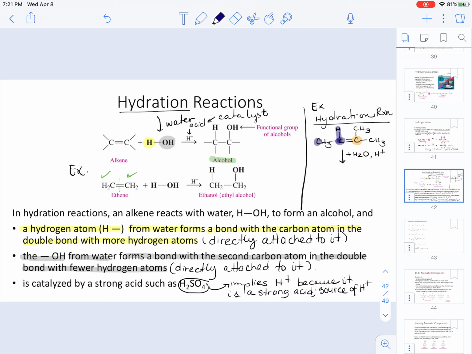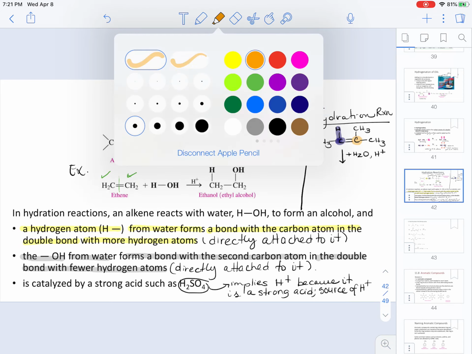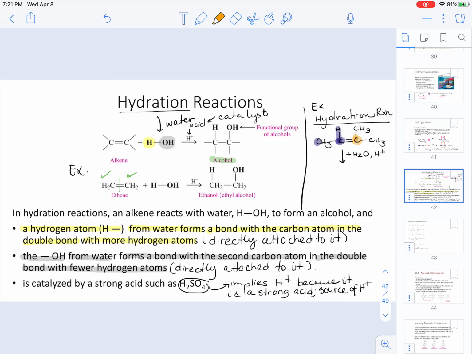Remember that CH3, those three hydrogens are bonded to the carbon, not directly bonded to the carbon that I highlighted in purple. The carbon on the right is directly bonded to this carbon and is directly bonded to that carbon. So what this means is that the carbon that is highlighted in purple contains one hydrogen directly attached to it, while the carbon on the right side of that double bond is not directly attached to any hydrogen.